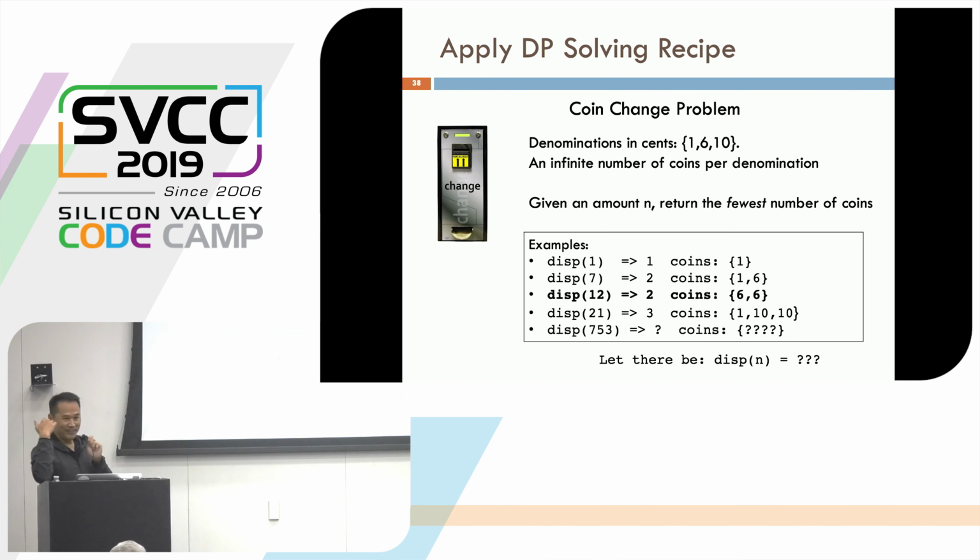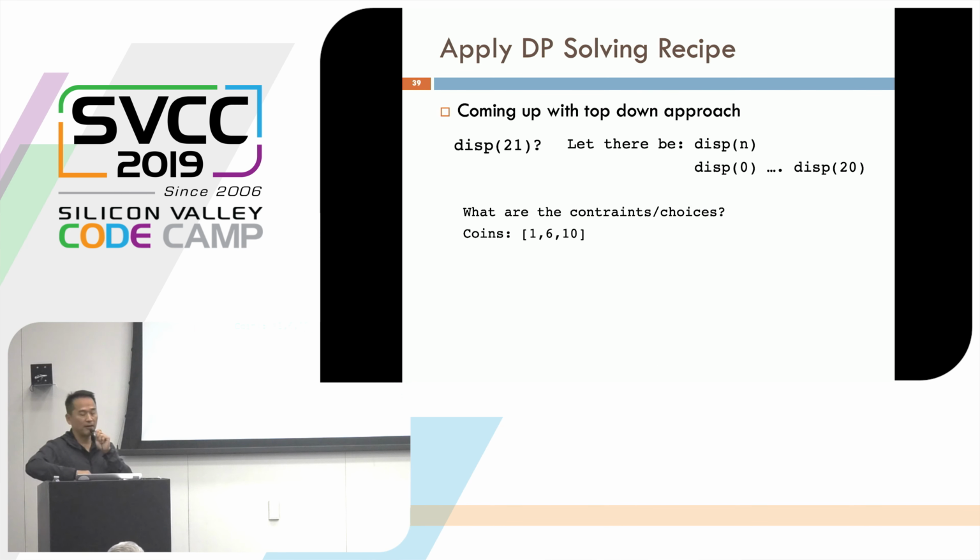All right, so now we're going to see if we can apply the same steps that we went through. Let's say we want to solve for DP of 21. That's our amount. And we're going to do the same thing. We're going to assume we have the solution to DP from 0 to DP of 20.